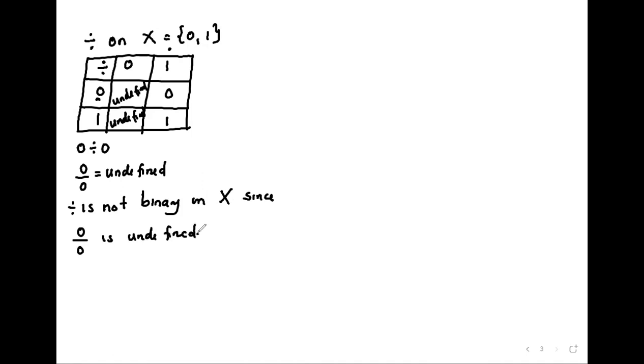We can cite even just one example. Though we have several of them, we could also cite 1 over 0, but it's enough to cite one.